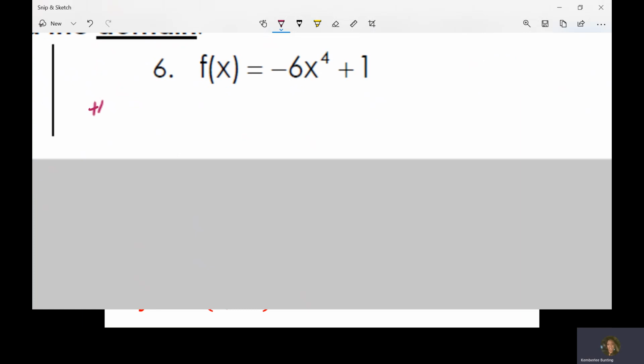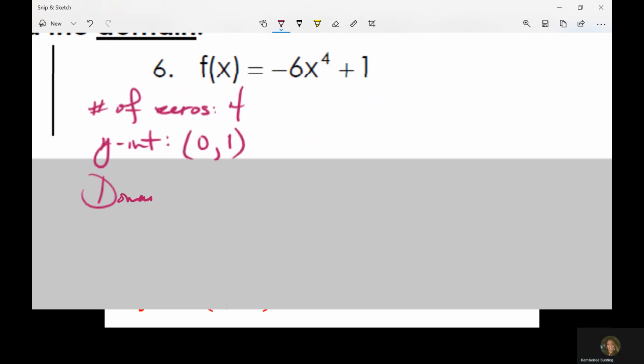How many zeros? What's the y-intercept? And the domain. We're not gonna make this hard, because this is a polynomial as well, okay?